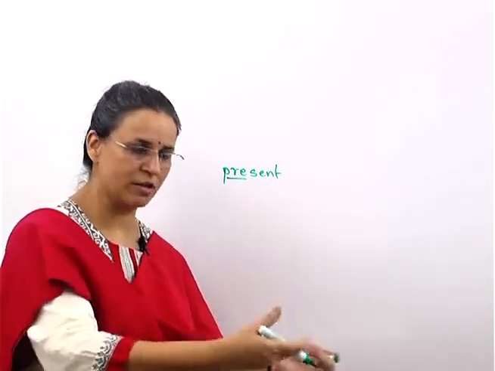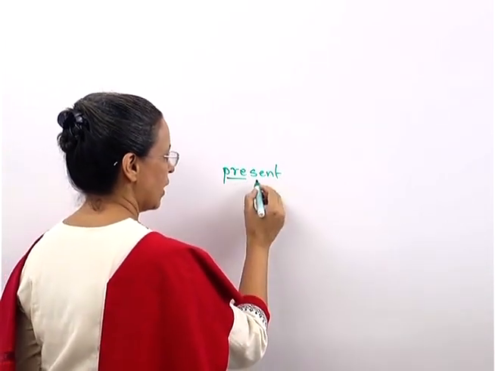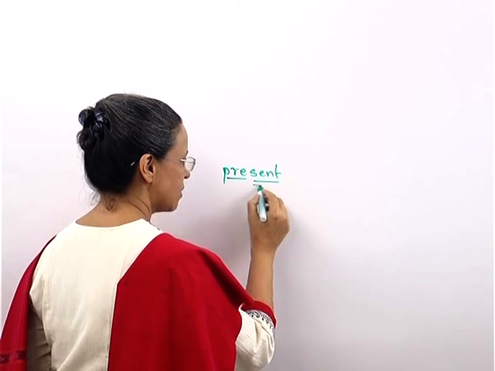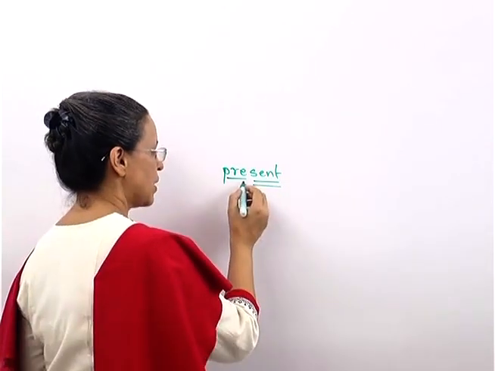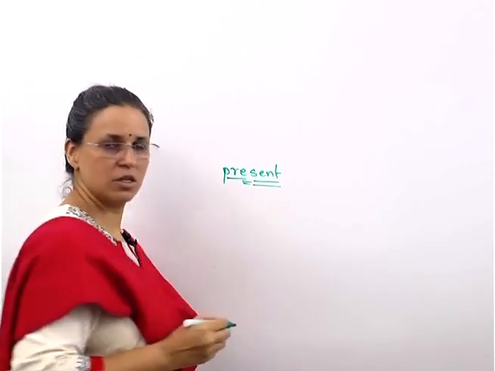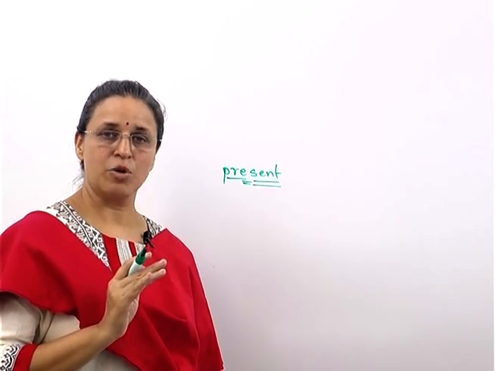It means to give. It's a verb. But suppose now I stress on the second part, present. So that means I'm stressing on this part. We don't stress on present. We don't say present.